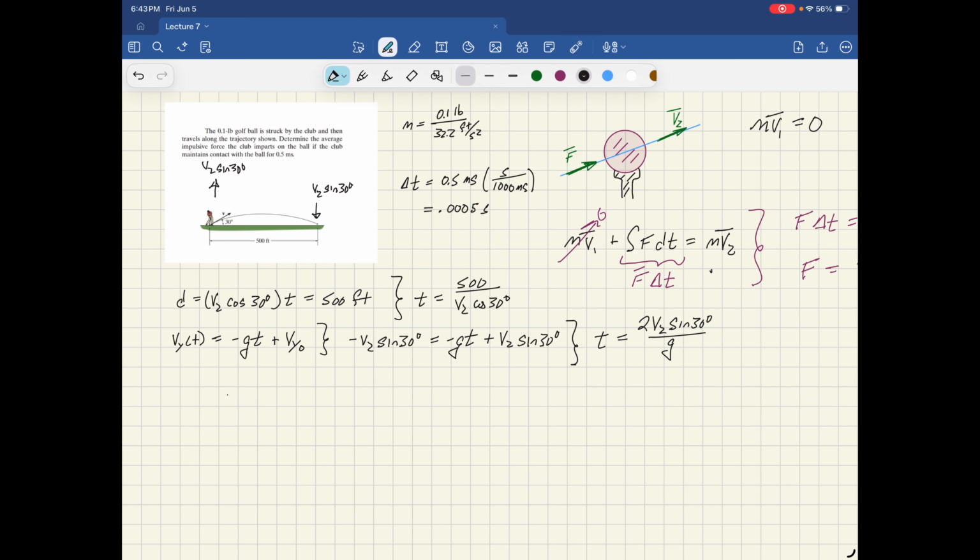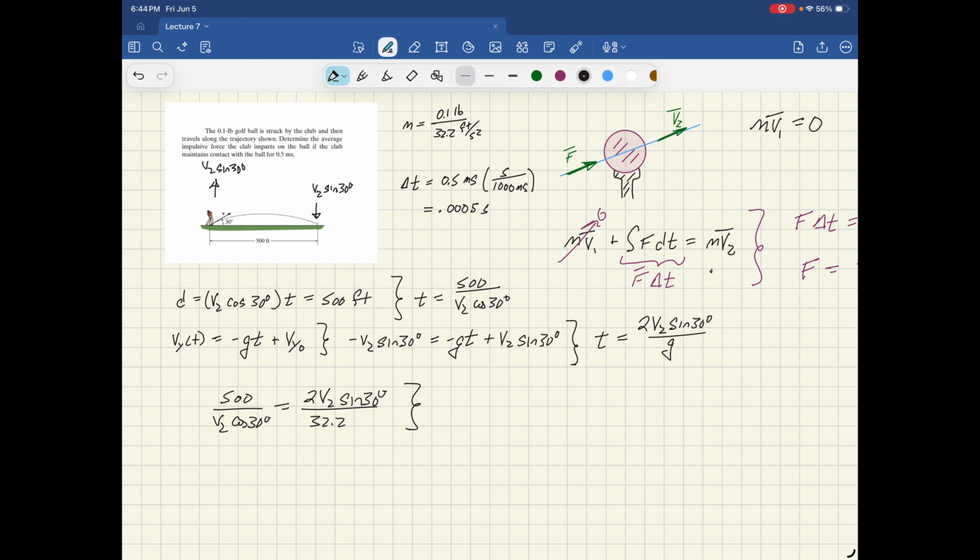So 500 over v2 cosine 30 degrees equals 2 times v2 sine 30 degrees divided by g, which will be 32.2.